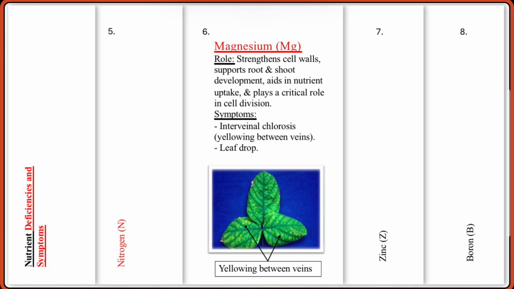Here are some symptoms of magnesium deficiency. The leaf color turns light green, with yellowing between the leaf veins. The outer leaves are affected first.